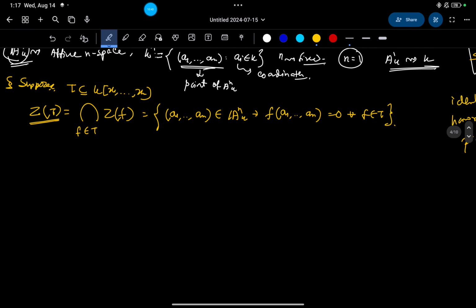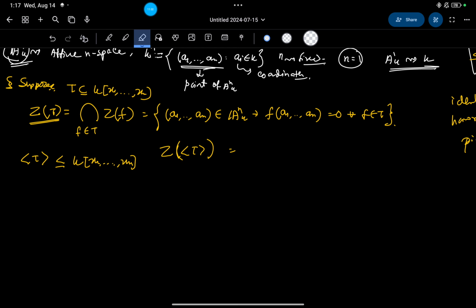Okay, so what about now? You see one thing, that Z of T is like this, so I can talk about the ideal generated by T. This is an ideal of k[x1, ..., xn]. So what about Z of T itself? Z of T is nothing but the intersection of all f belonging to the ideal generated by T, Z of f.